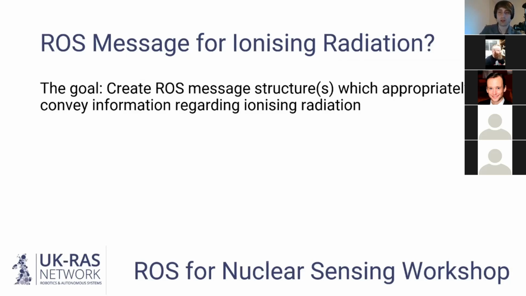So what we're going to do now is take a brief look at what radiation sensors might look like, what is already being used on robots currently, then we're going to look at maybe what the future of radiation sensing with robotics might look like, and then we'll have a little catch up again. We'll have another one of these little question sessions.